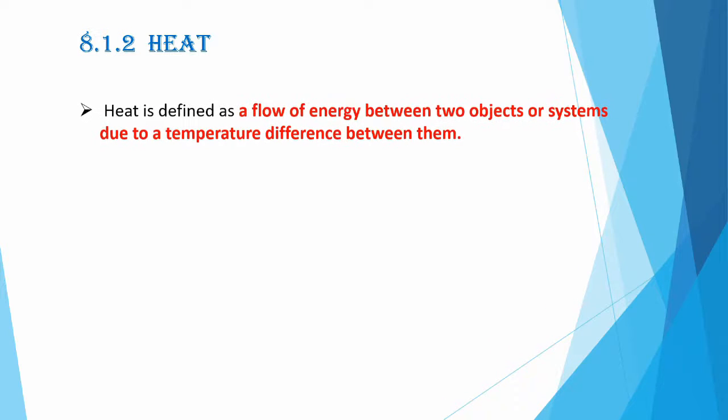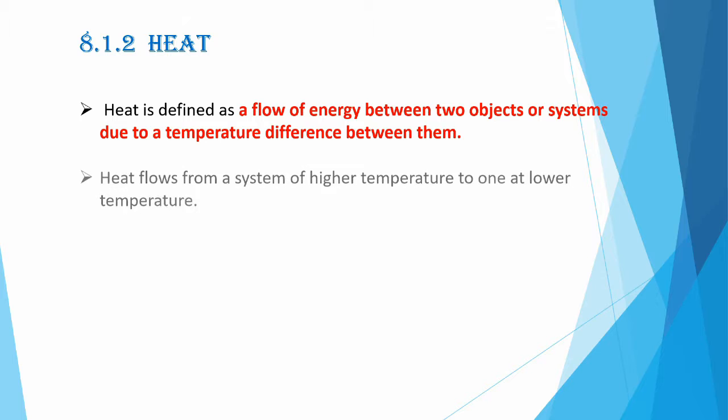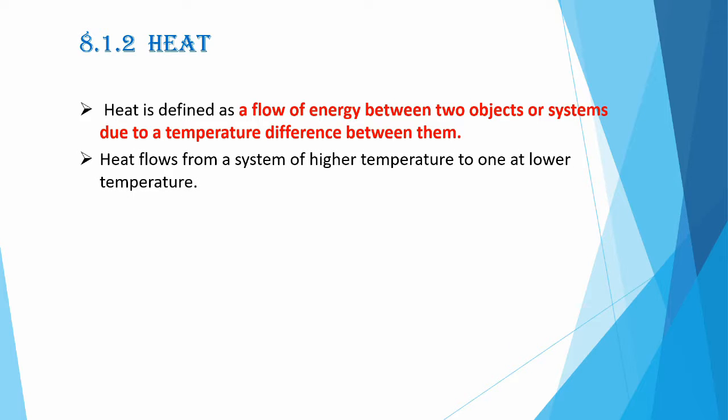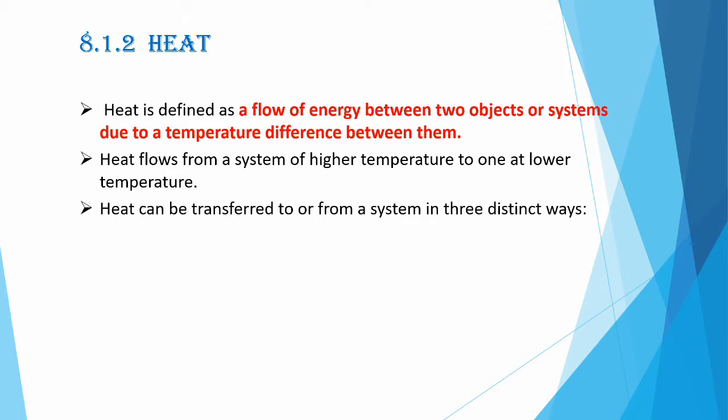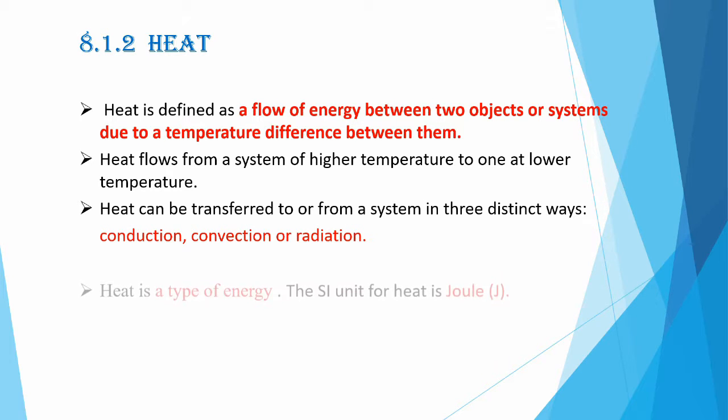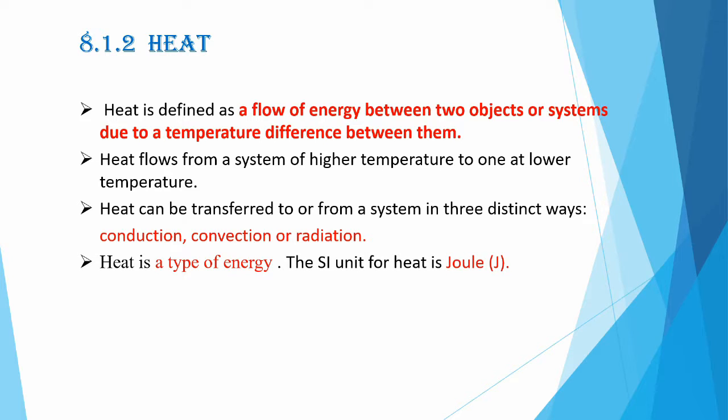8.1.2, Heat. Heat is defined as a flow of energy between two objects or systems due to a temperature difference between them. Heat flows from a system of higher temperature to one at lower temperature. Heat can be transferred to or from a system in three distinct ways: conduction, convection or radiation.